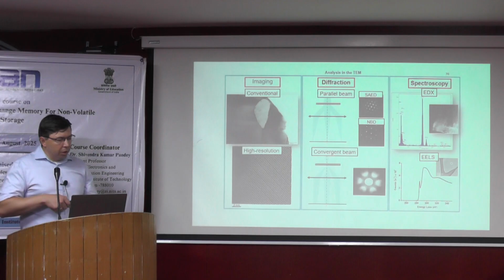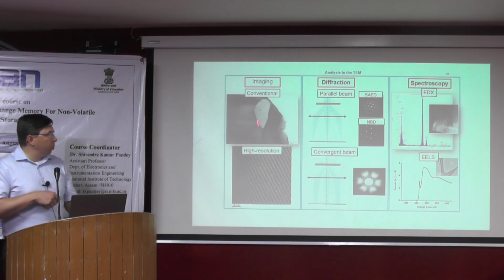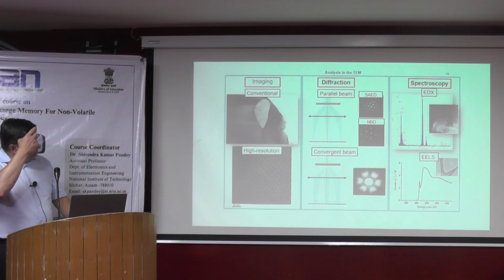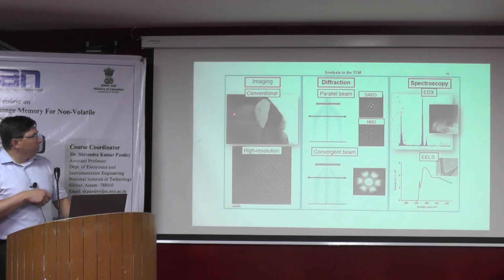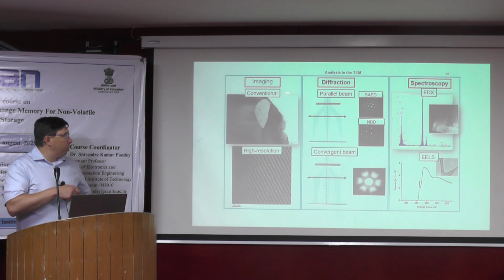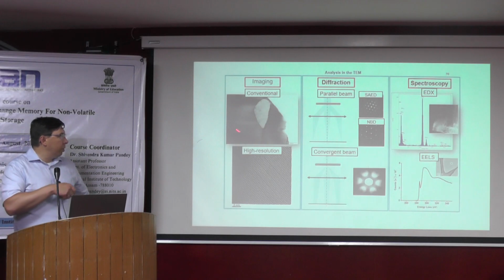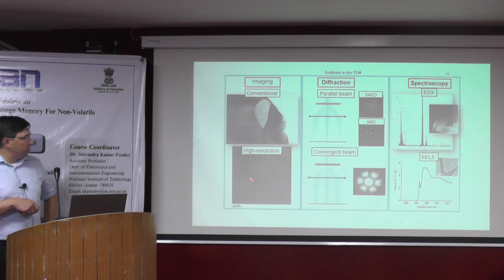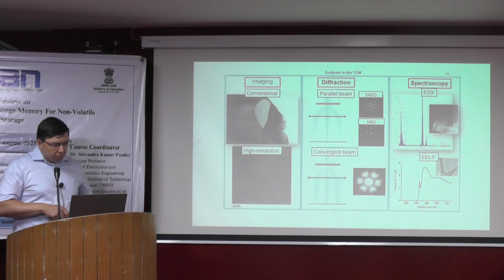By using imaging, coherent or incoherent, you can study your specimen in real space. By using, for example, conventional imaging, you see some precipitates or grain boundaries, and by using high resolution TEM, you can see some defects in your system. In this case, these are vacancy layers.